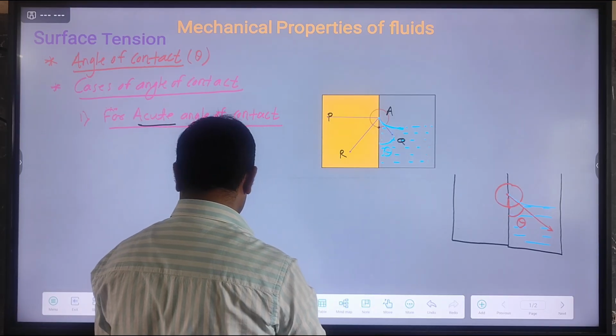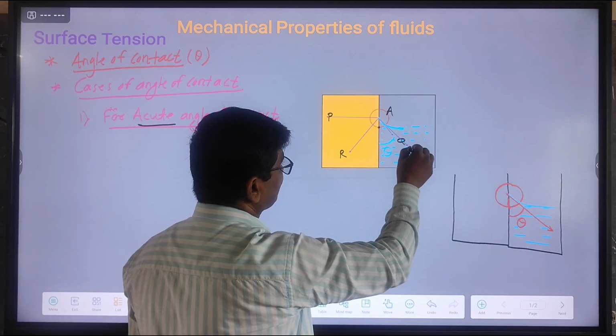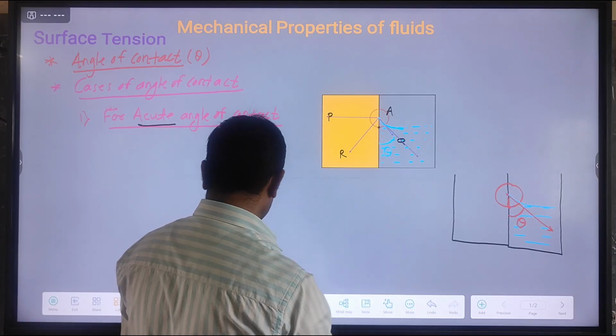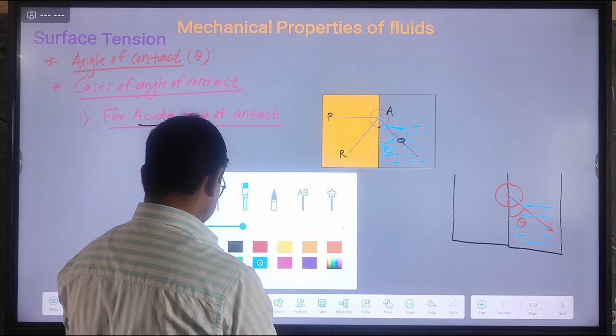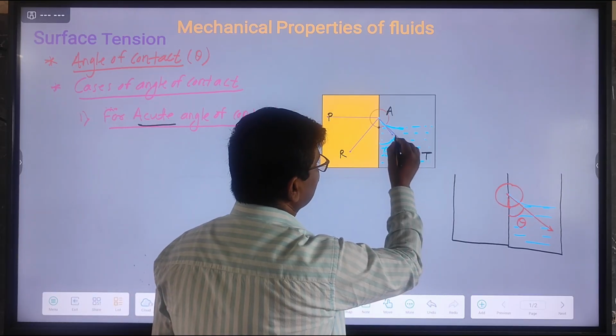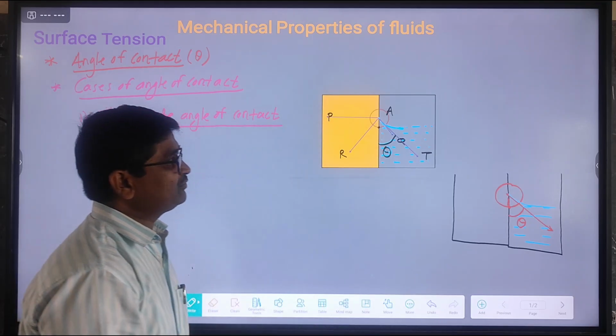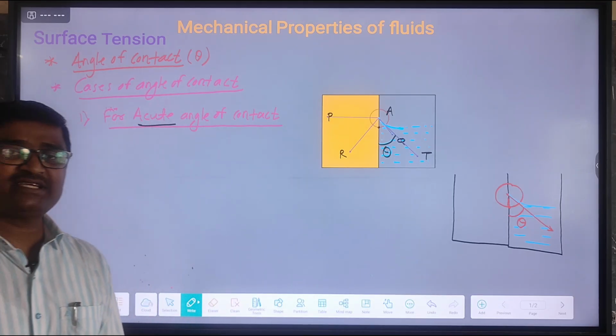This is the point of contact. This is a tangent. The tangent will be denoted by AT. Okay, and when we draw the tangent, the angle of contact within the liquid is acute. Okay, this is our first case.